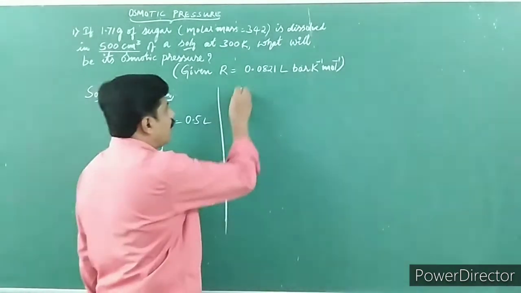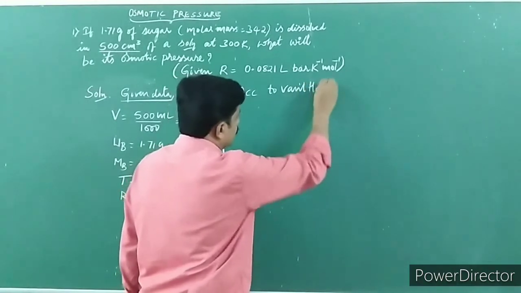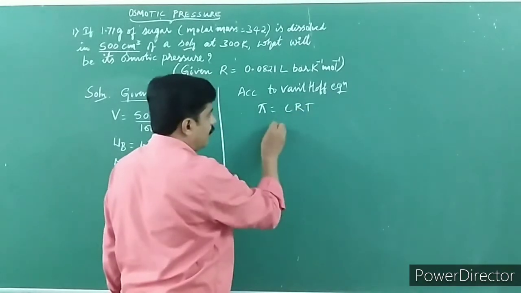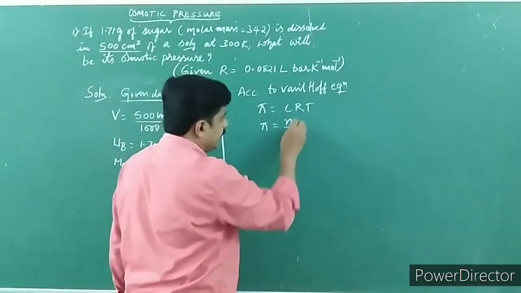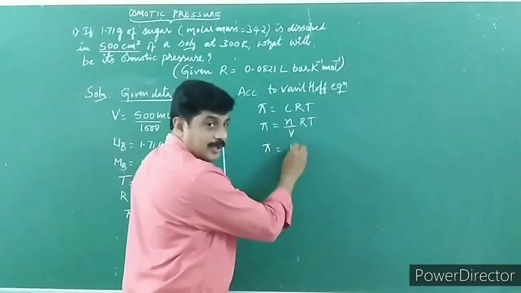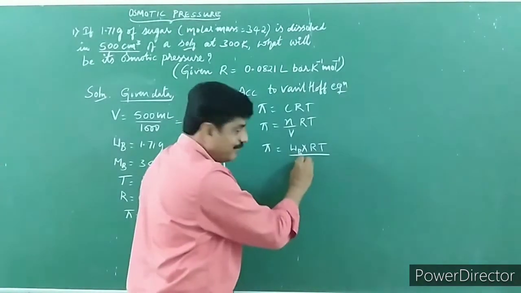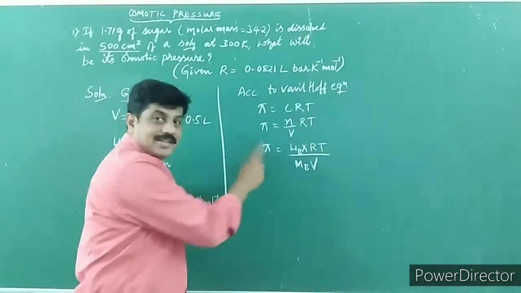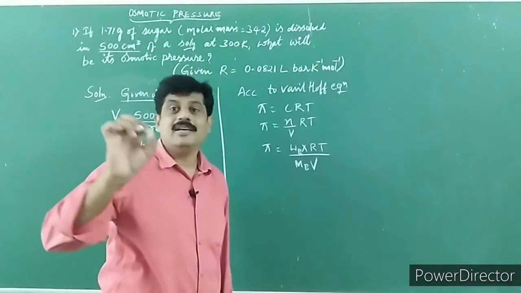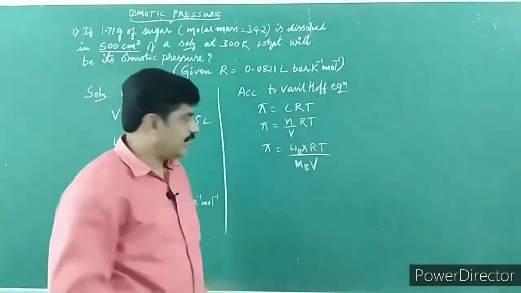According to Van 't Hoff equation, pi is equal to CRT, or pi is equal to concentration, n by V into RT, or pi is equal to WB into RT upon MB into V. So this is what we have learned under osmotic pressure, the formula required for the determination of osmotic pressure by using the Van 't Hoff equation.